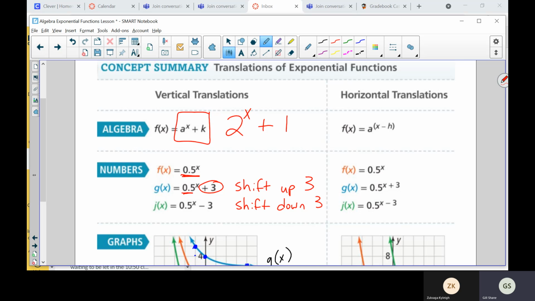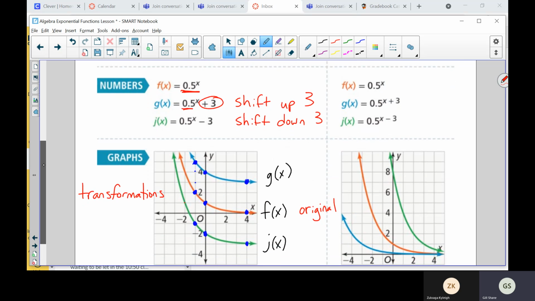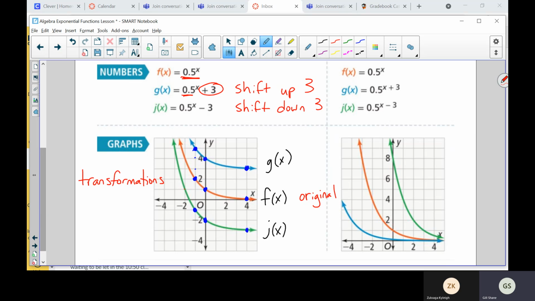So do the same thing that we did, label the graphs. I'm going to get rid of this because it might be confusing. So f of x here is the original. So it's the middle graph again.